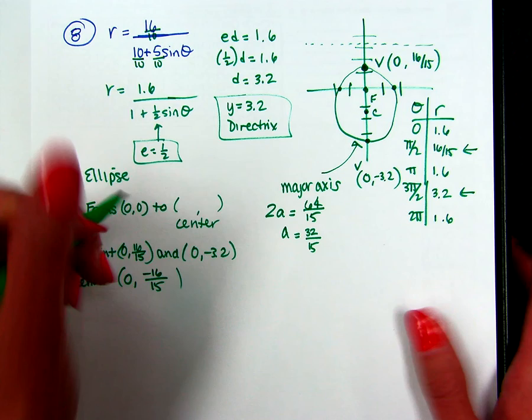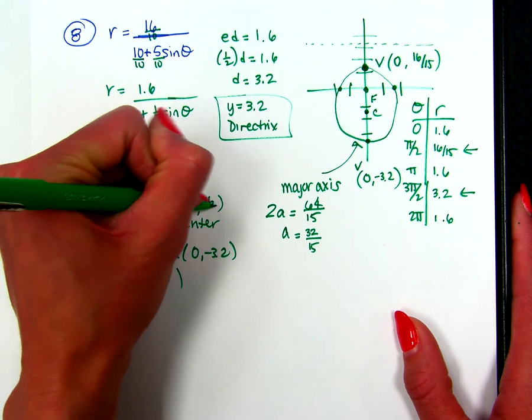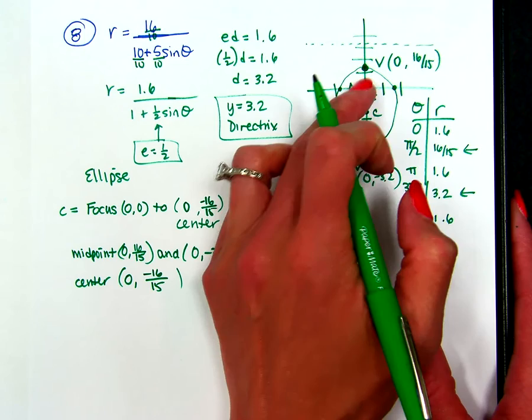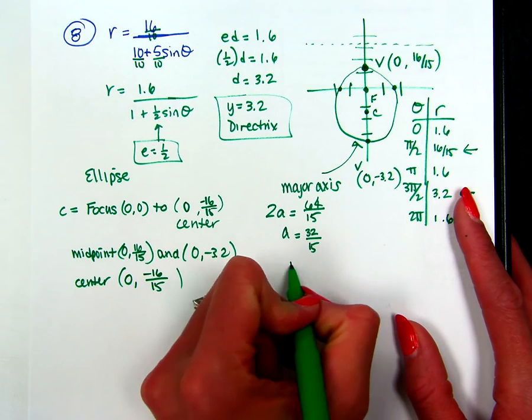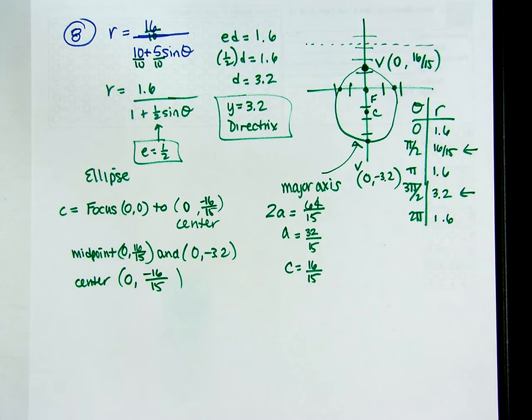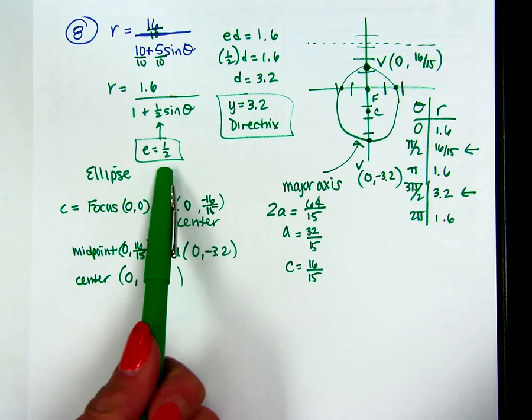All right, so we need to find the distance between the focus and the center, because that'll give us our c value. So the distance between this is 16/15. All right, so since we have that, now we can find our b value. So let's just double check what the question is asking us. It first says, figure out which conic section it is, which we determined by our eccentricity.